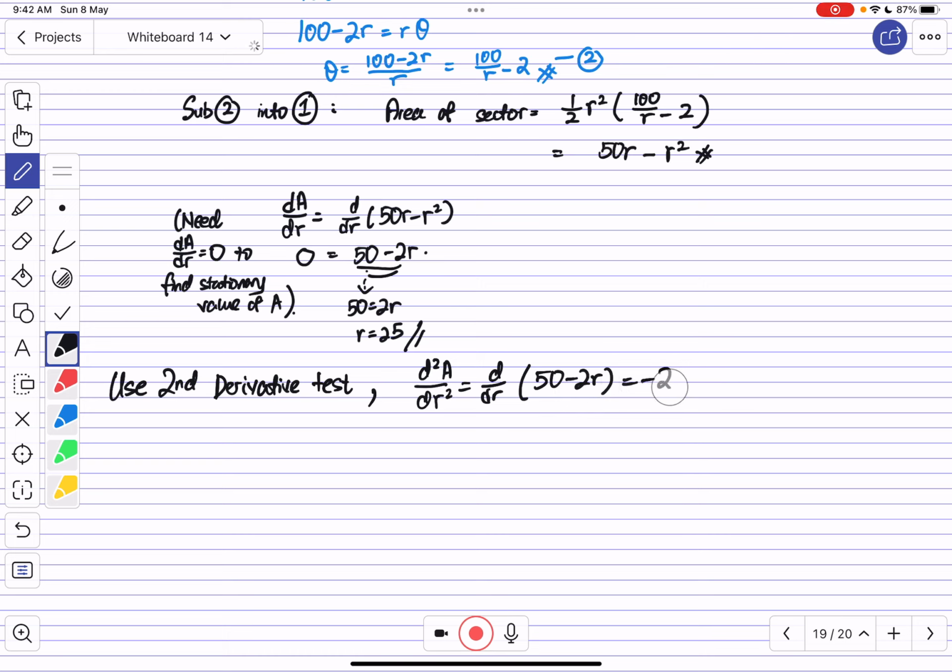That just gives me negative 2. So I don't even have to sub in my R. You can see that therefore R equals 25 gives the maximum area of the sector.